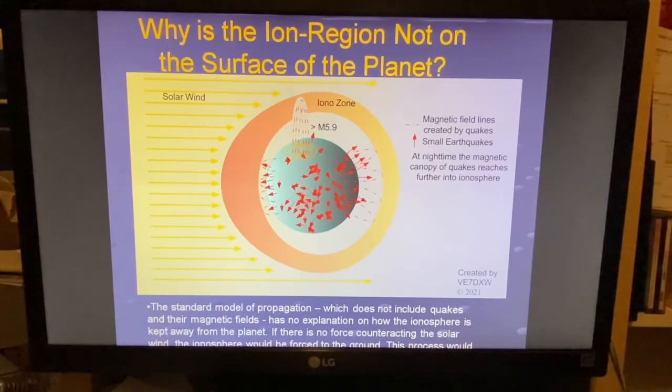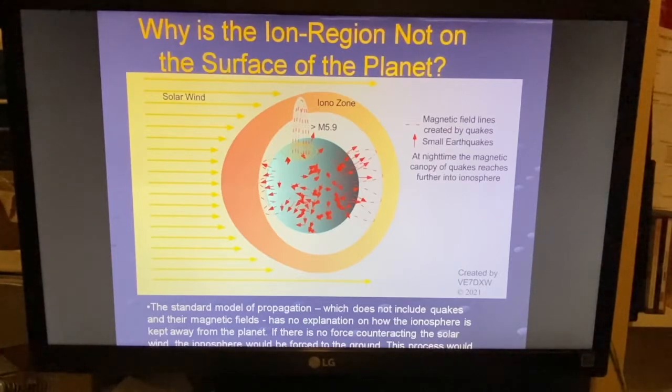The idea is that we have all these quakes that occur on the day side of the planet, while the ionosphere, this bulge here, is getting radiated with the solar wind, and we can see that the ionosphere is moving in. The force counteracting that, keeping it away from the planet, is the earthquakes. When we go to the night side of the planet, the ionosphere is further away because it gets pushed out by the energy of the quakes.